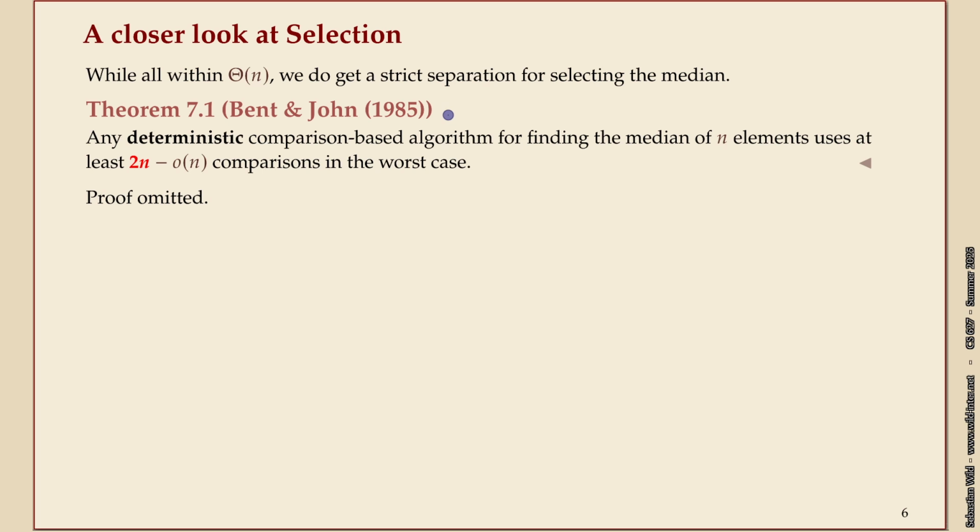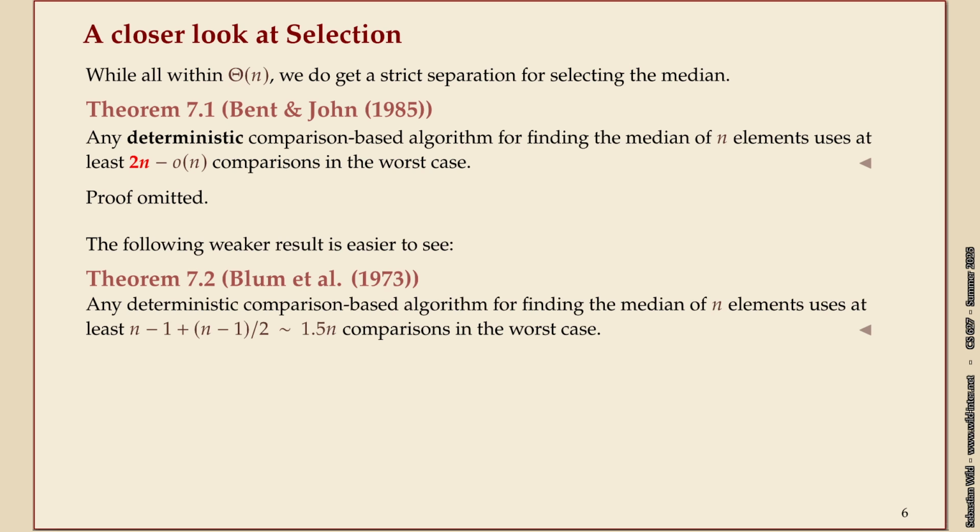So first of all, there's a lower bound for any deterministic algorithm, assuming it's comparison-based as for sorting. So a deterministic comparison-based algorithm for finding the median has to use roughly 2n comparisons in the worst case. Okay? That proof is a bit tricky.